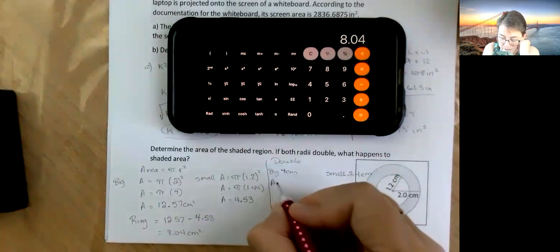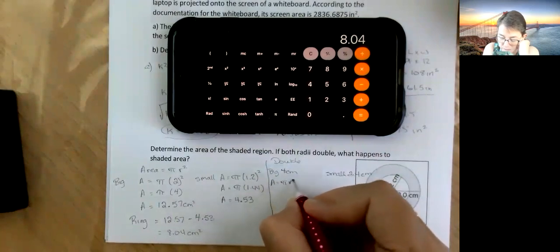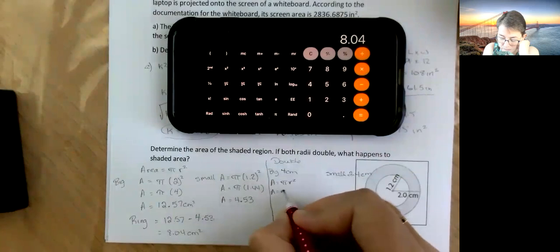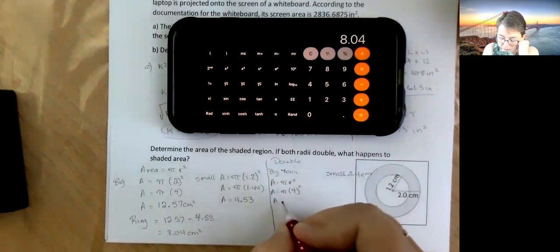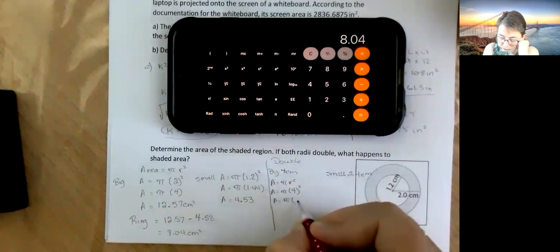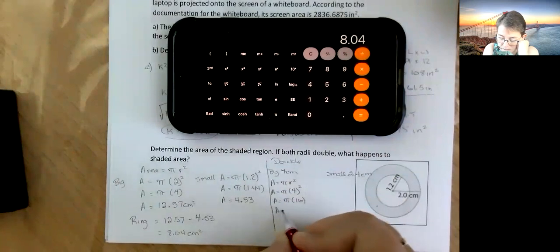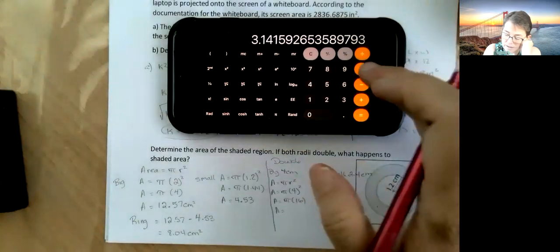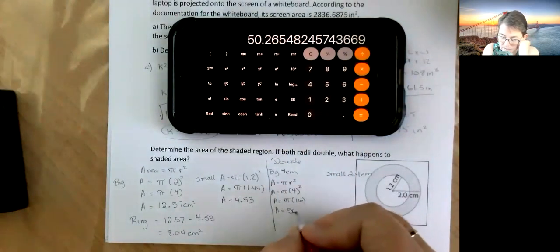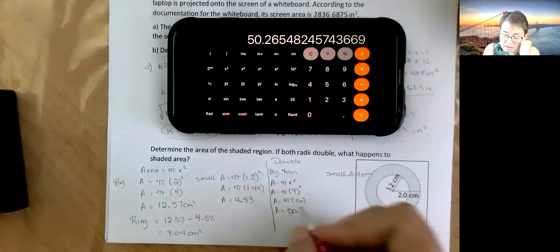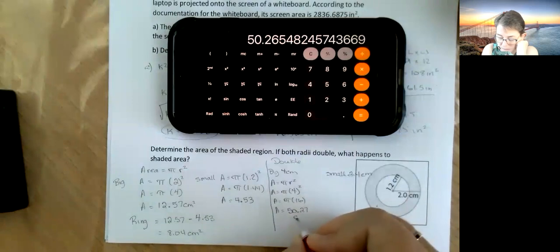So area is equal to pi r squared. Area is equal to pi times 4 squared. Area is equal to pi times 16. So pi times 16 is 50.27 centimeters squared.